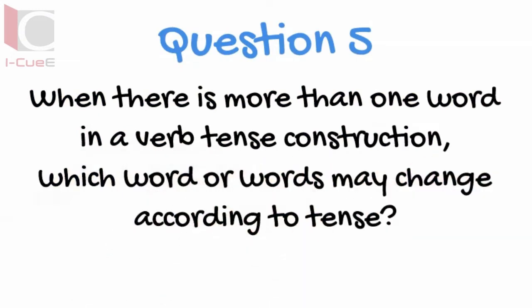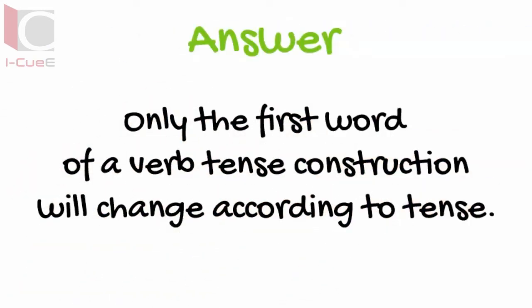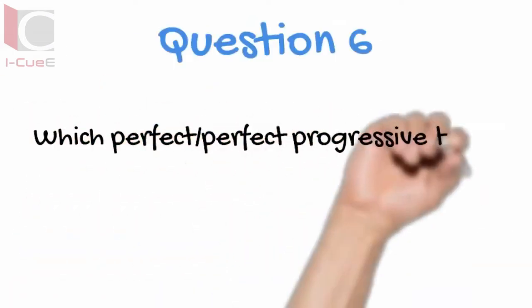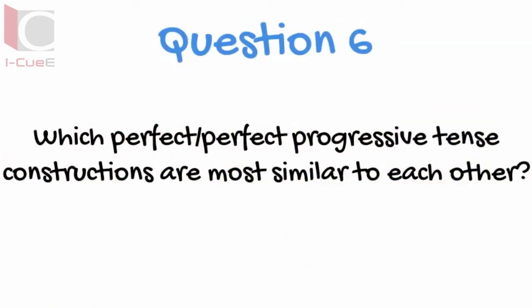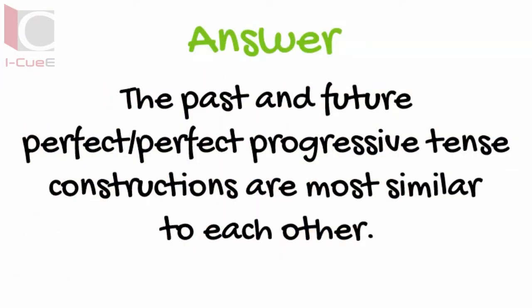When there is more than one word in a verb tense construction, which word or words may change according to tense? Only the first word of a verb tense construction will change according to tense. Which perfect and perfect progressive tense constructions are most similar to each other? The past and future perfect and perfect progressive tense constructions are most similar to each other.